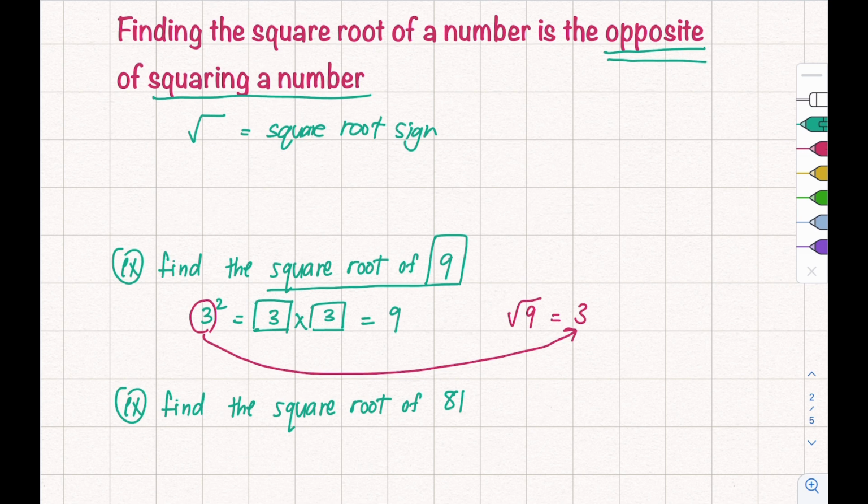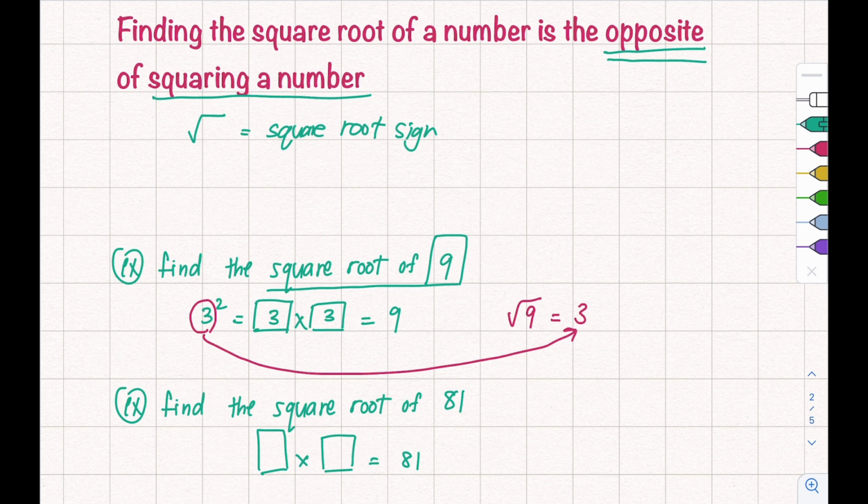Let's take a look at the other example. How to find the square root of 81. Step 1 is to figure out what times what makes 81. And so what 2 numbers multiplied make 81, and these 2 numbers have to be the same number.